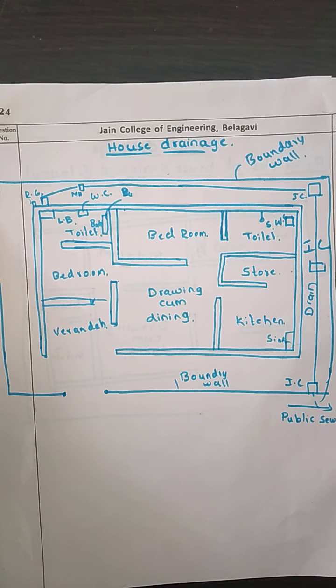The size of the drains should be sufficient so that flooding of wastewater does not take place. Then the drainage system should consist of enough traps at suitable locations. Then all connections should be watertight.